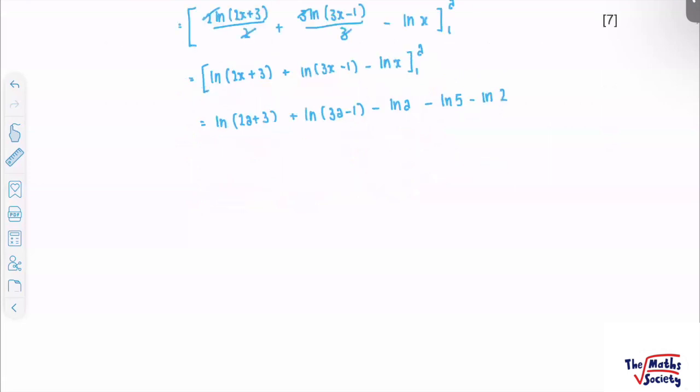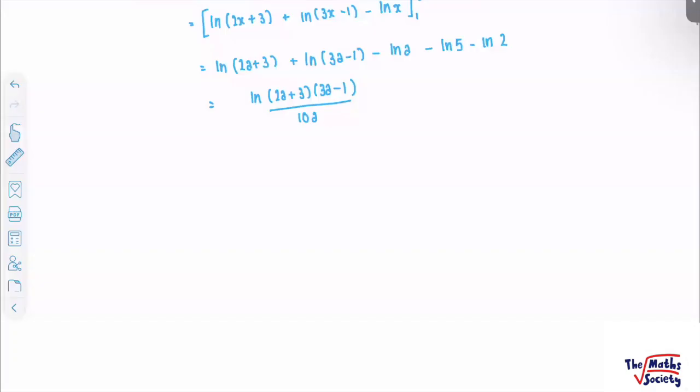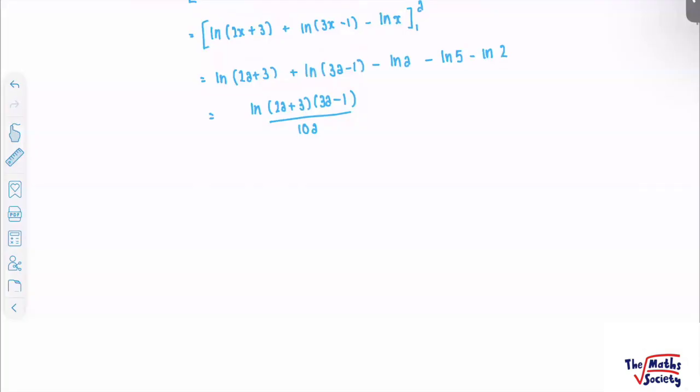So now it's going to be ln of (2a + 3)(3a - 1) divided by 10a. And then because they say that it's equal to ln 2.4, that's 2.4 equals (2a + 3)(3a - 1) divided by 10a.